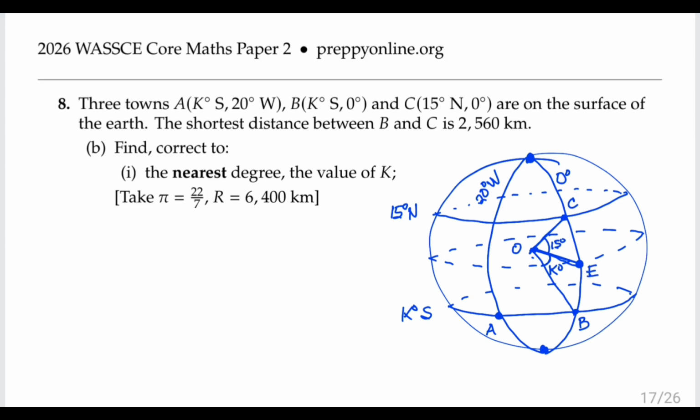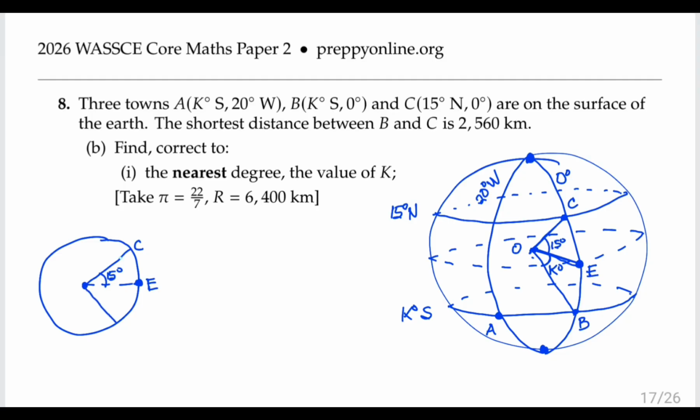All right, so let me draw a small circle, just so that we understand it better. This is the center of the earth, and then we have these points. This is point E. Then you go up 15 degrees, you have point C. And then you go down k degrees.